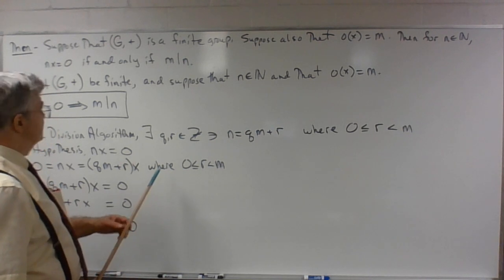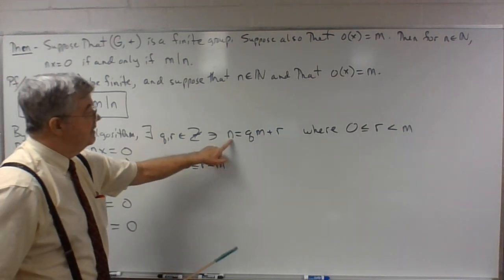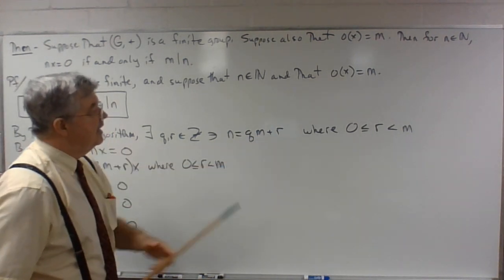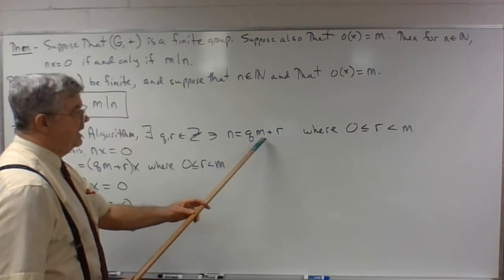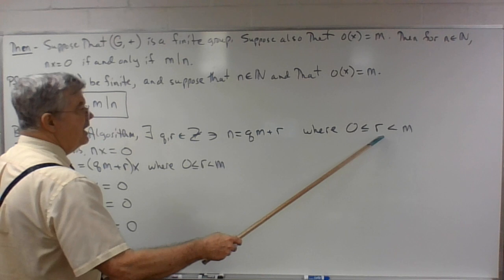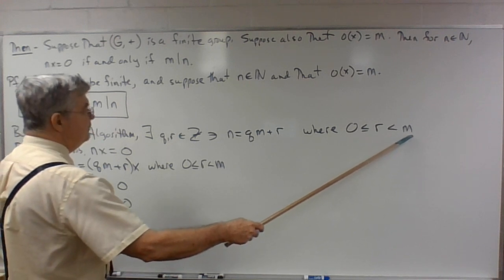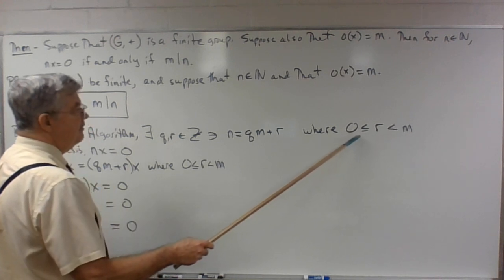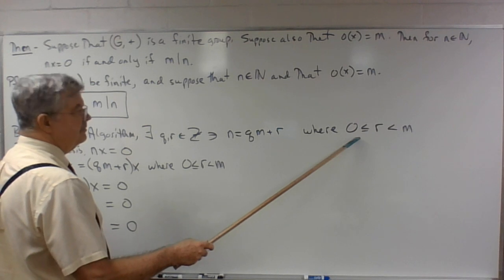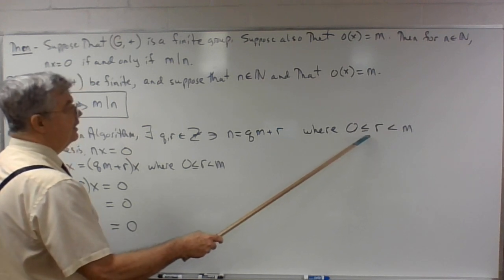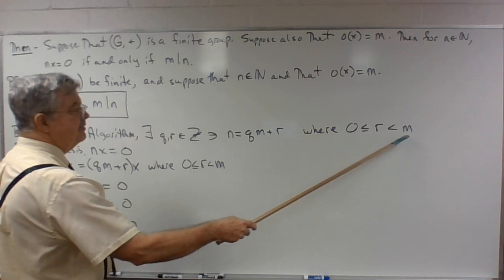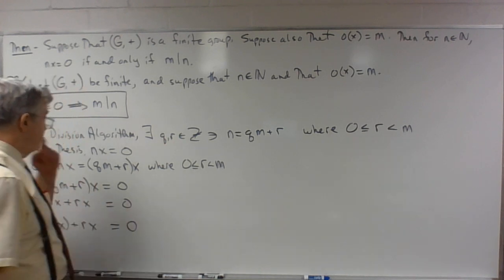So essentially we're dividing n by m, and r is the remainder. The remainder has to be non-negative. The remainder can be 0, or it can be greater than 0, but it has to be strictly less than m.